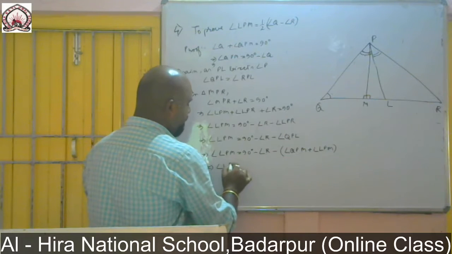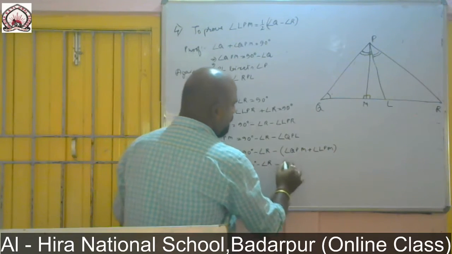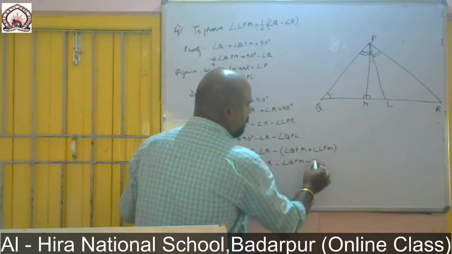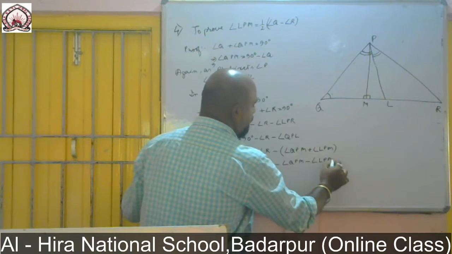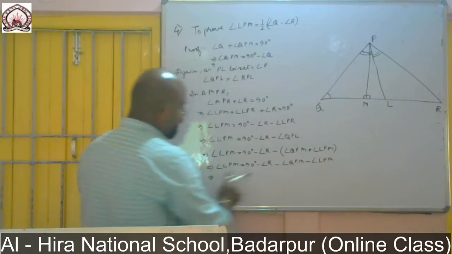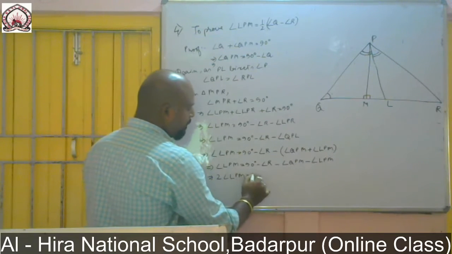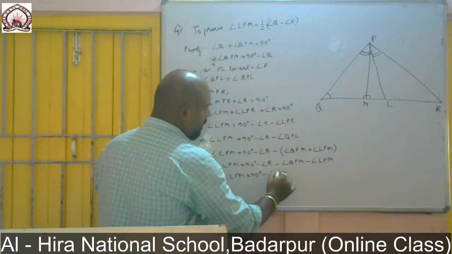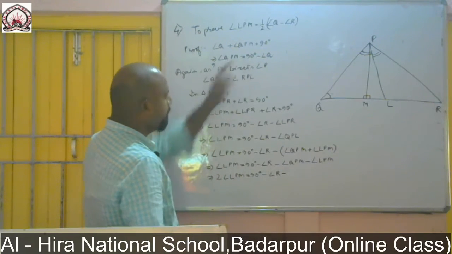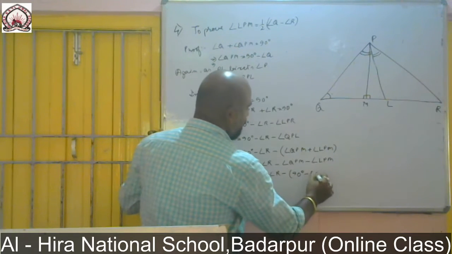Implies angle LPM equal to 90 degree minus angle R minus angle QPM minus LPM. Now, when LPM is taken, this is minus, if it comes in this direction, it becomes plus. Angle LPM equal to 90 degree minus angle R minus QPM, and QPM is nothing but equal to 90 degree minus angle Q.